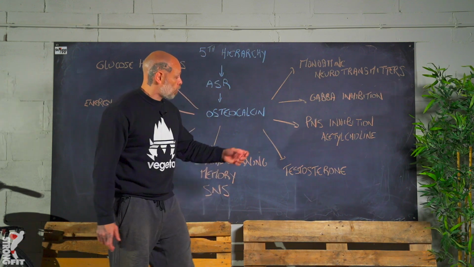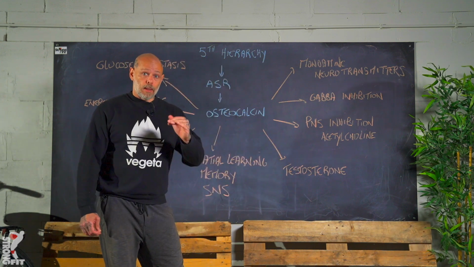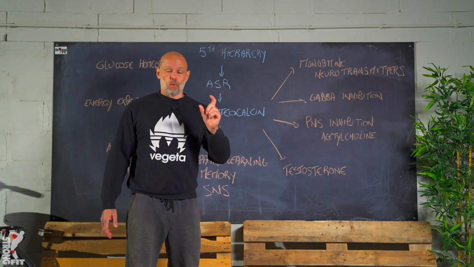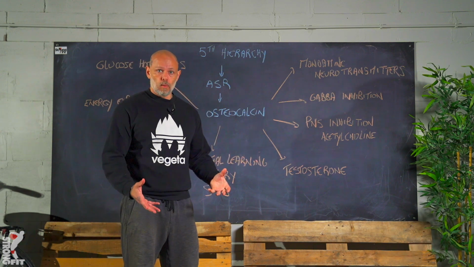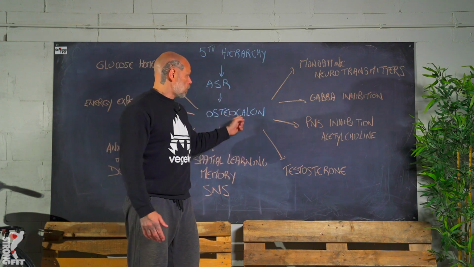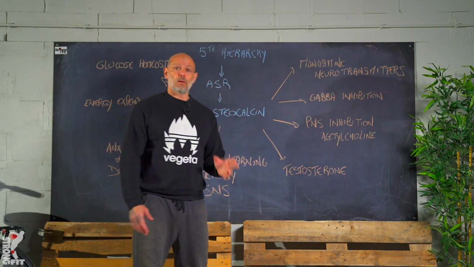Osteocalcin, at high levels, promotes the production of testosterone directly, which means, long story short, there are cells that produce testosterone in the male testicles. They put osteocalcin through those cells, and they saw right away the production of testosterone.